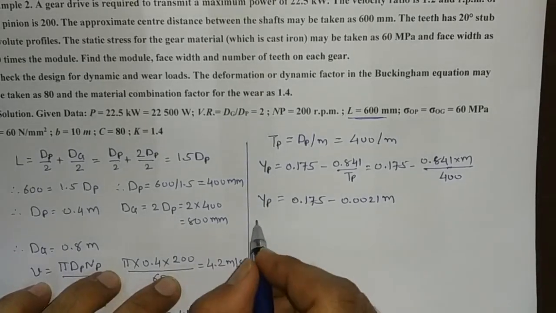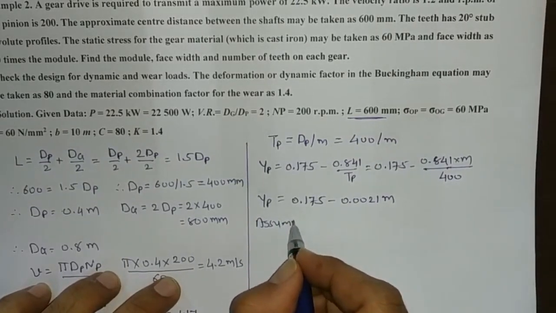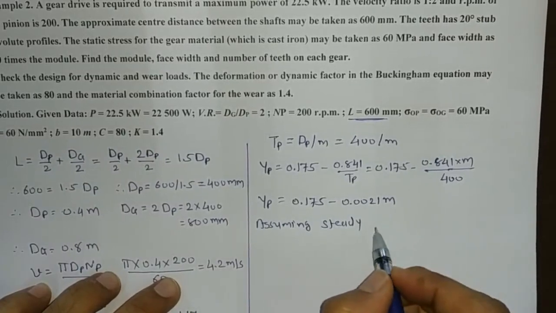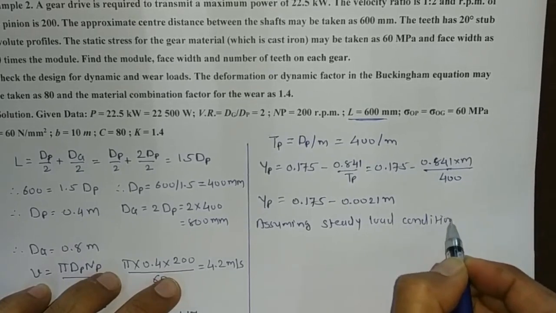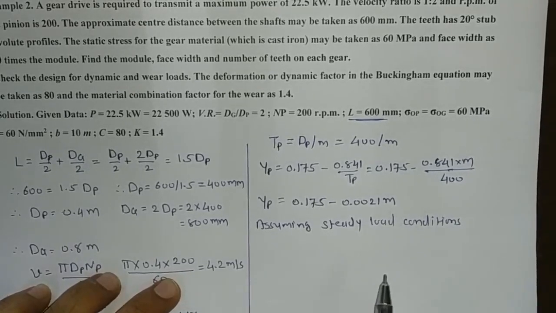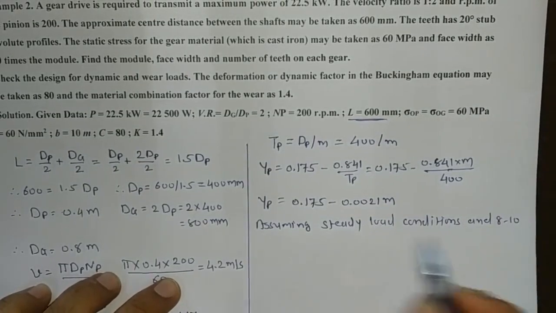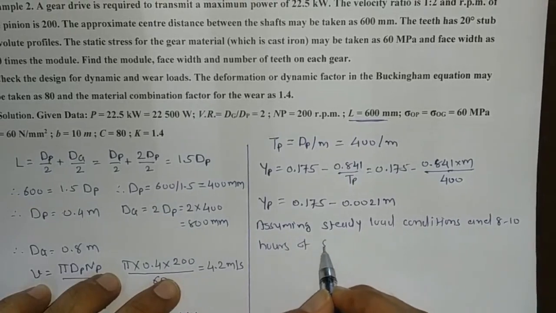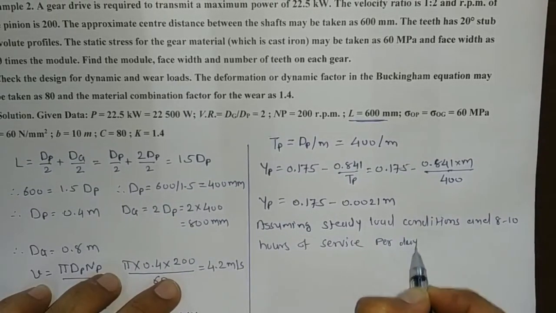Now here assuming steady load condition and 8 to 10 hours of service per day. So let us write: assuming steady load conditions and 8 to 10 hours of service per day.